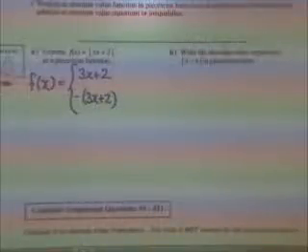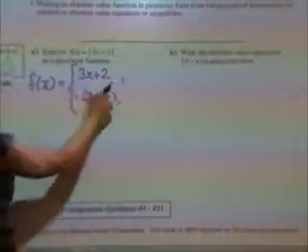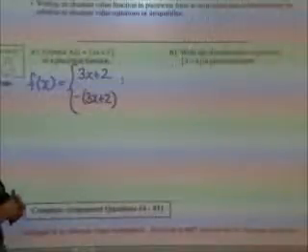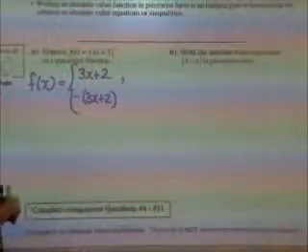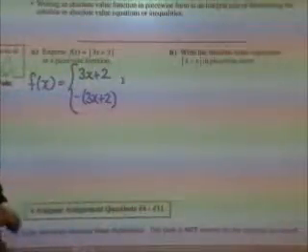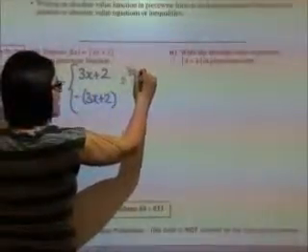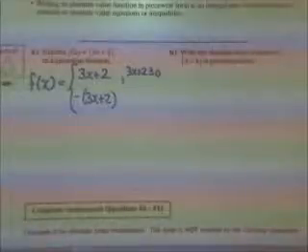And then I need my domains. Well, it's equal to this as long as my value is positive. If my x value is equal to 1, it's just going to equal 1. If it's equal to 5, it's just going to be 5. So as long as this part in here, this 3x plus 2, is greater than or equal to 0, I will be okay.